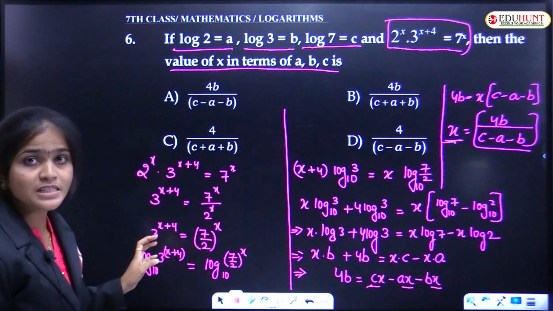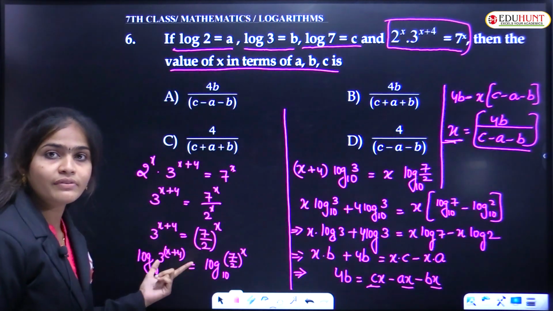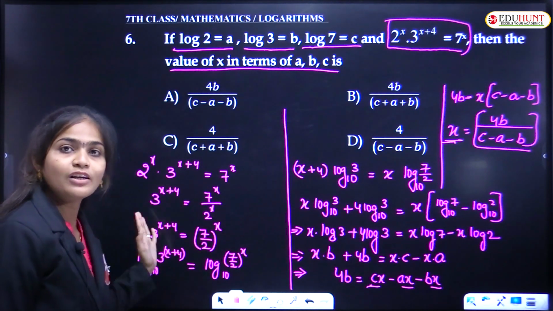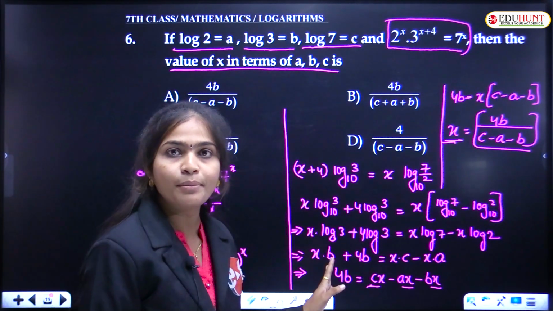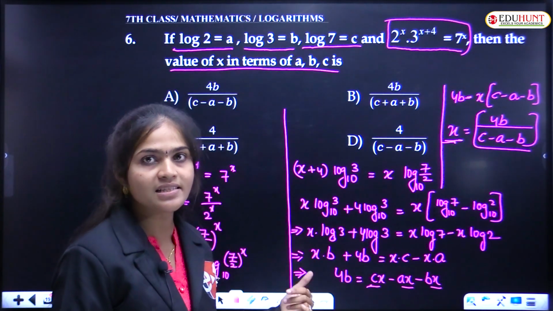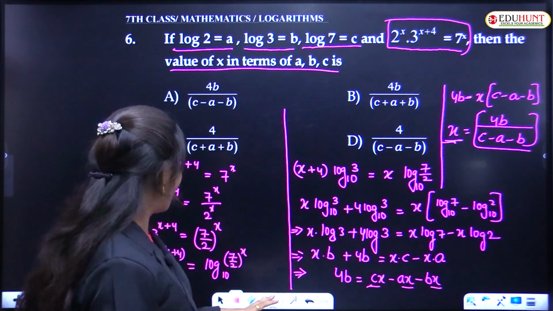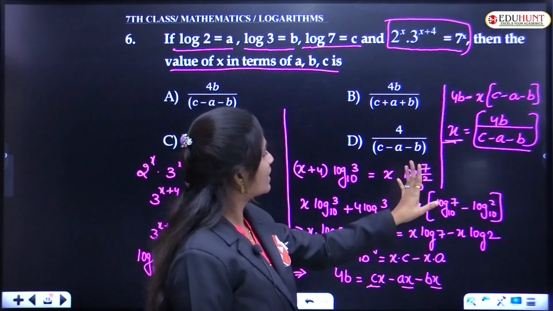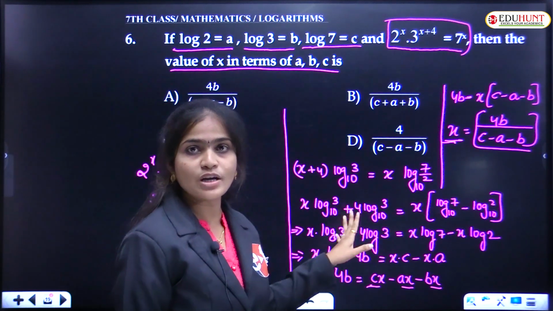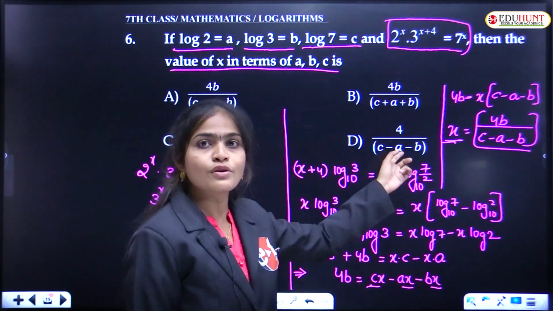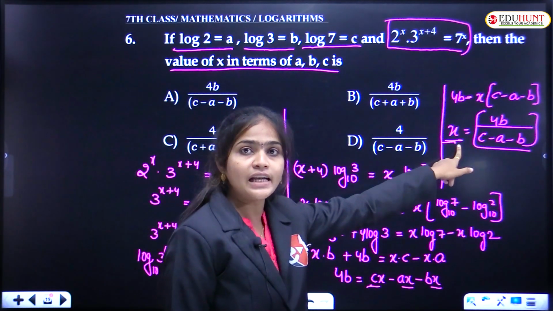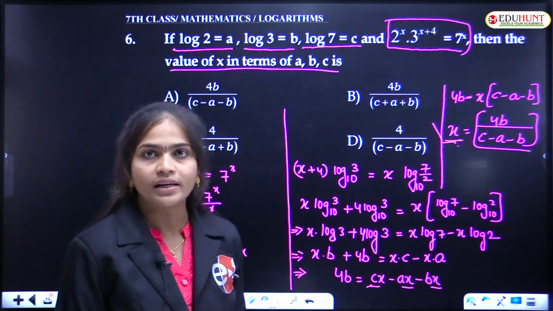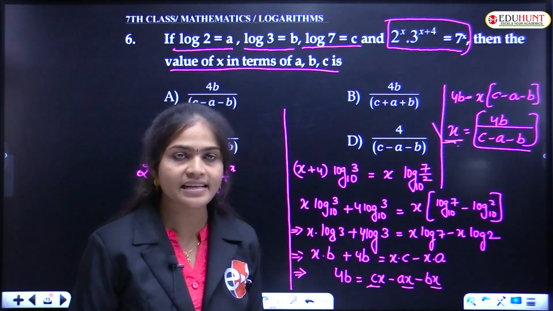After we applied the exponential rules, we applied log to the base 10, or we can apply log on both sides also, because without writing 10 also we can consider it as base 10 only, no? So by using the laws of logarithms, we finally got the x value in terms of a, b, c. Okay. Did you understand this? Yes, I hope you understand this one.